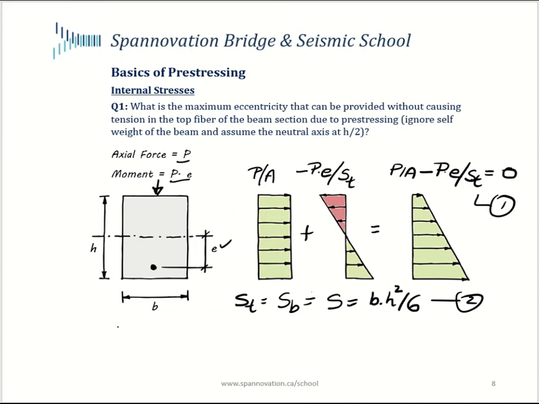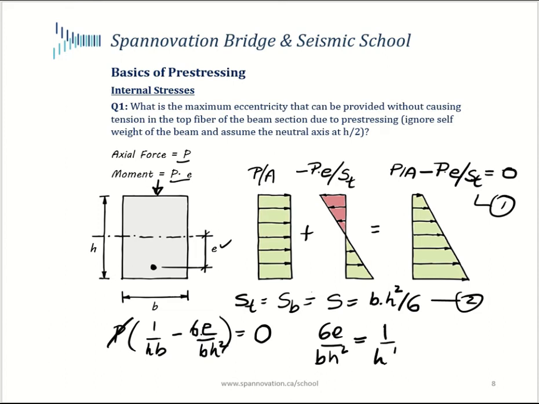So let me take P out as common, divided by the area, which is h times b, minus the eccentricity e divided by the section modulus, which is b h squared, and the 6 goes to the top, and this whole expression should be equal to 0. Now I can just cancel P out, and now I'll solve for e. So 6 times e divided by b h squared should be equal to 1 by h b. b cancels on the two sides.